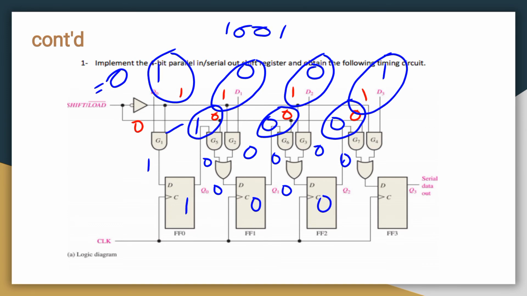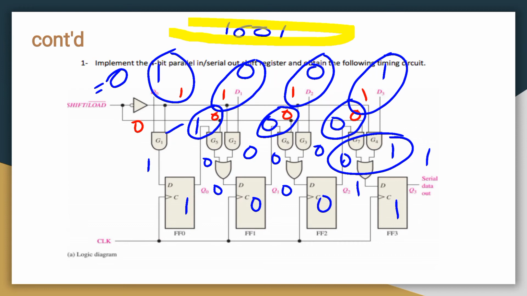For OR of these, that is 0, 1 is 1, so flip-flop is 1 and the output is 1. So this is how the input is loaded here. So let's see the next operation, that is shift.